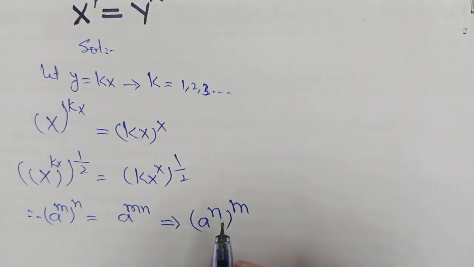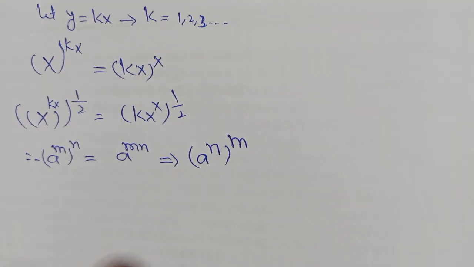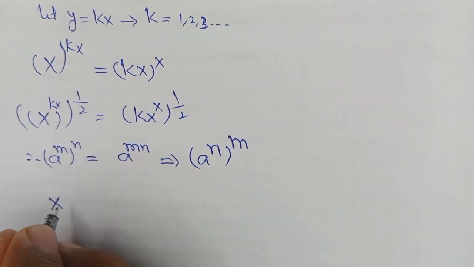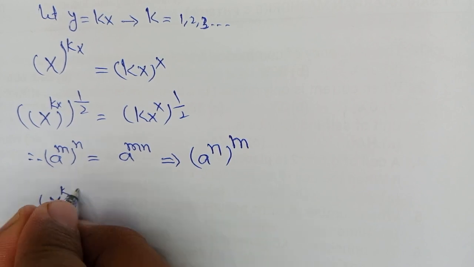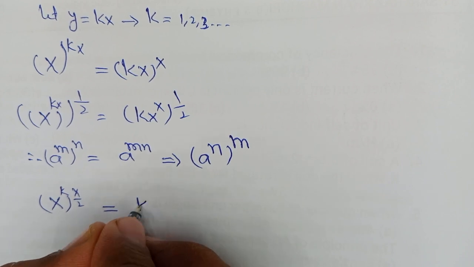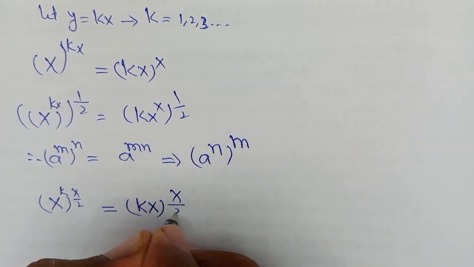So generally we get x power kx upon 2 is equal to kx and x upon 2.